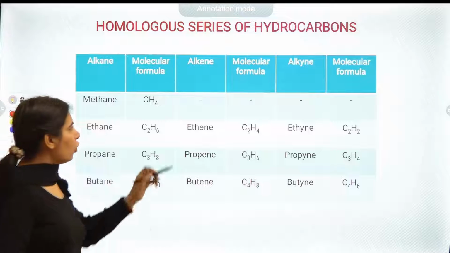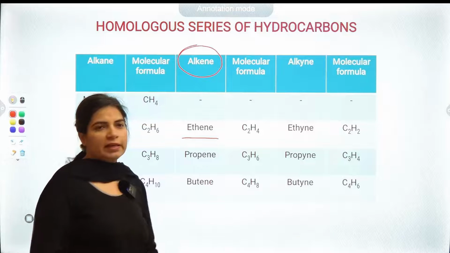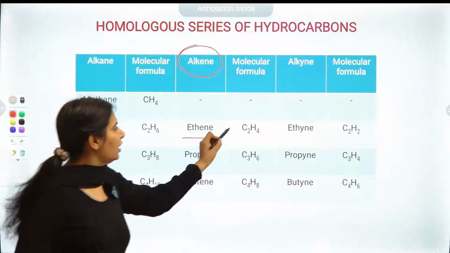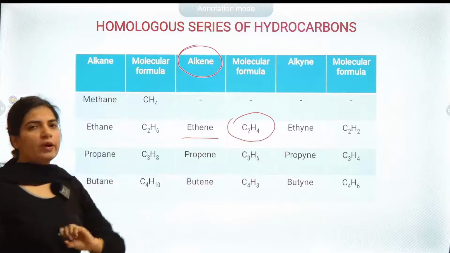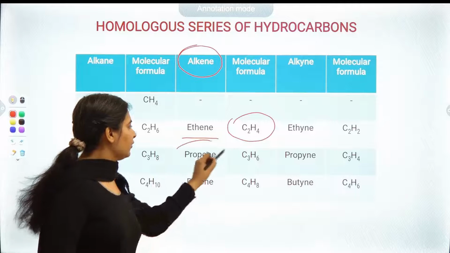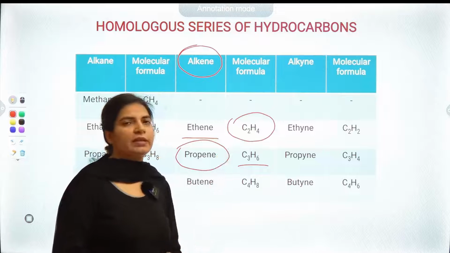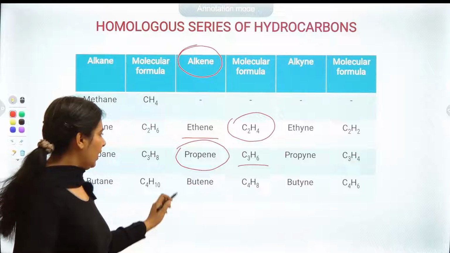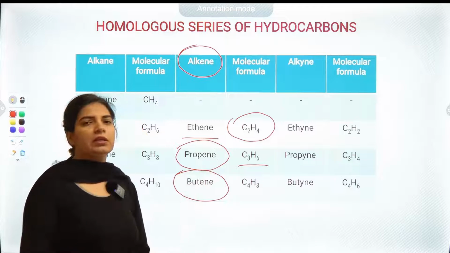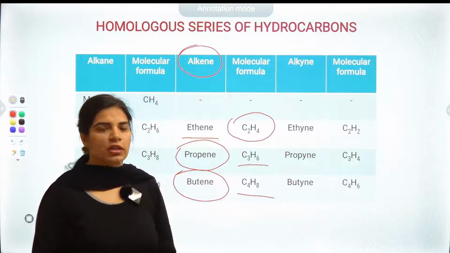Same, if I talk about the case of alkene, the first member is ethene, and the molecular formula for ethene is C2H4. And for propene, the molecular formula will be C3H6. And in case of butene, the formula is C4H8.